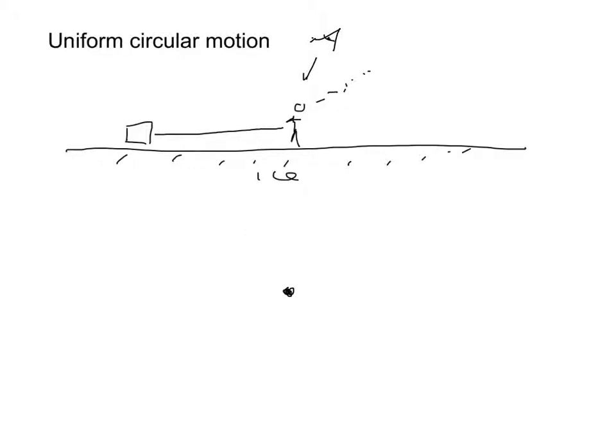If it starts over here, I'm going in a circle with a uniform velocity all the way around.